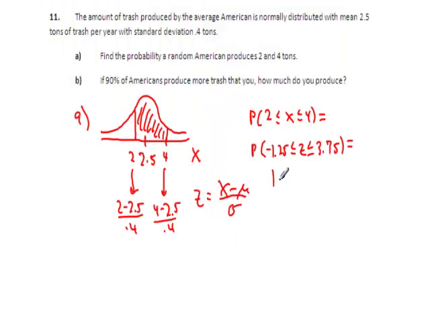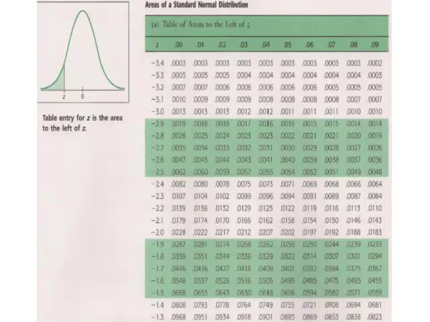So our answer is 1 minus the probability that we look up when we look at negative 1.25. Remember, the left tail would be probability of 1. We want to subtract off the part we don't want, which is to the left of this value, which turned into negative 1.25. So let's carefully look up negative 1.25, find its probability, and that's what we'll subtract off.